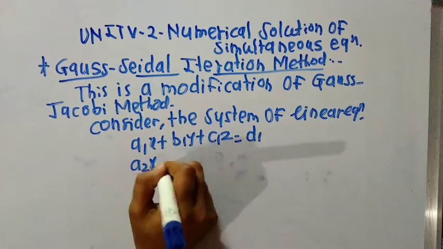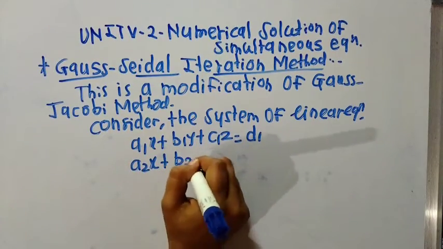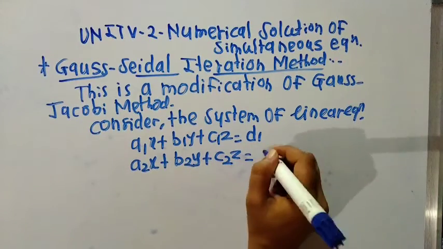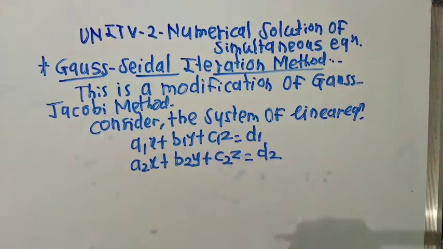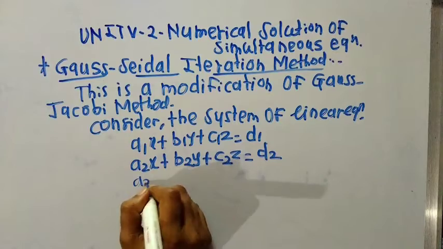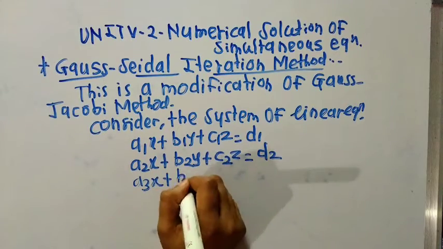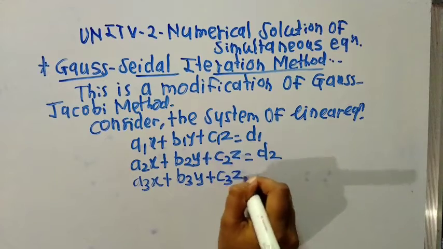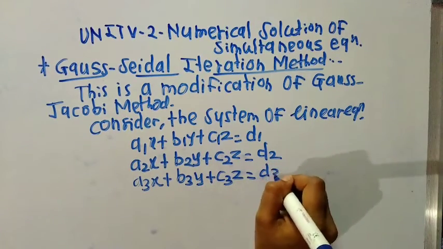Then a2x plus b2y plus c2z is equal to d2. And then a3x plus b3y plus c3z is equal to d3.